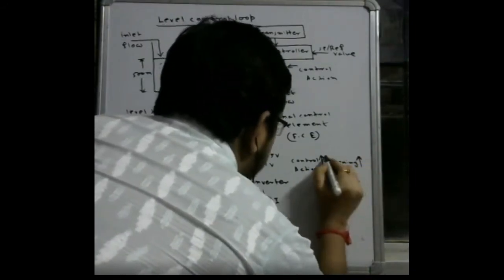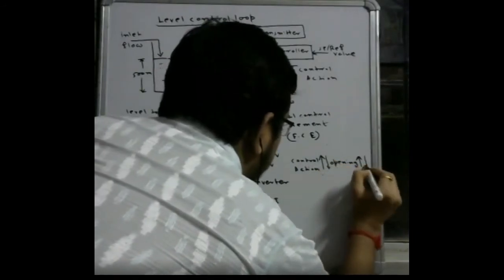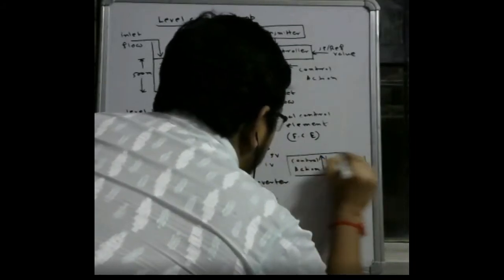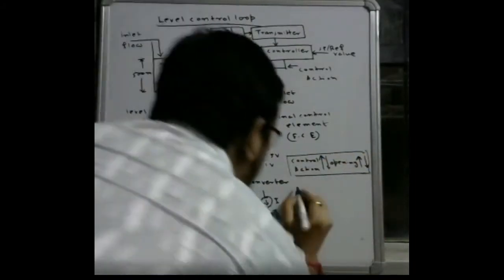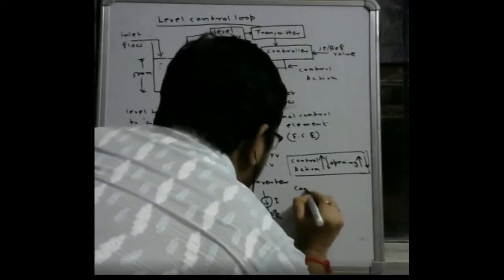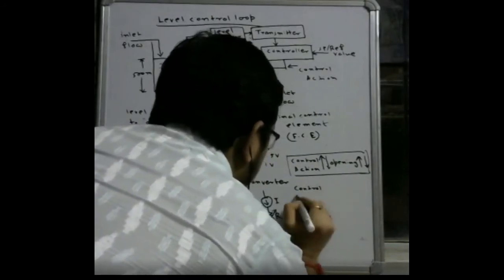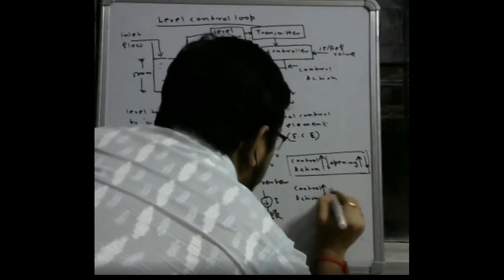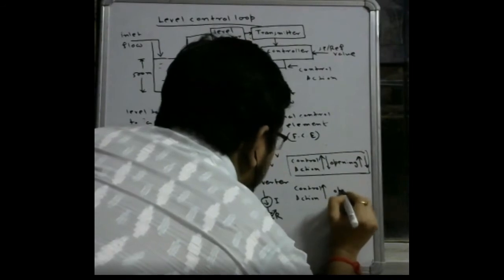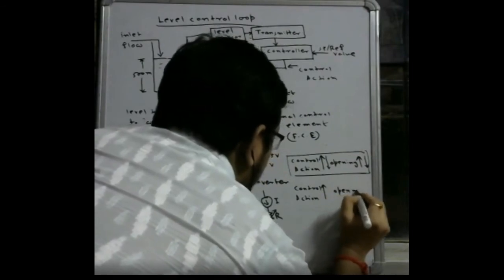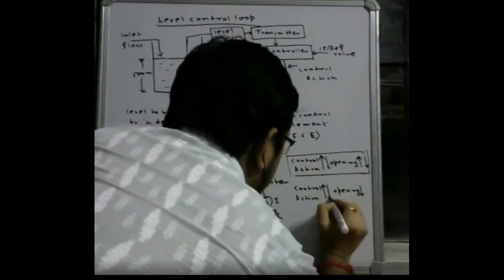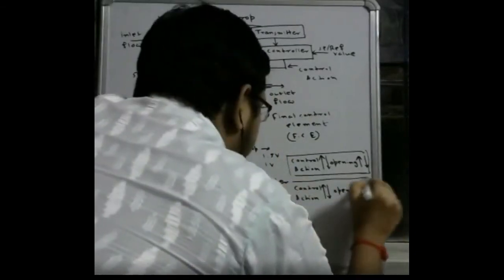If the control action is decreased, then opening is also decreased. This one is one type of valve. Then another type of valve, if the control action is increased, then opening is decreased. And if the control action is decreased, then opening is increased. This one is another type of valve.